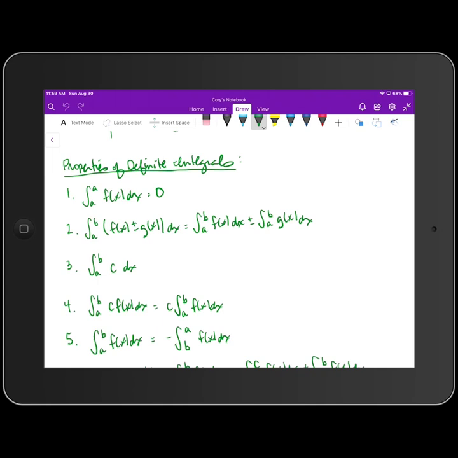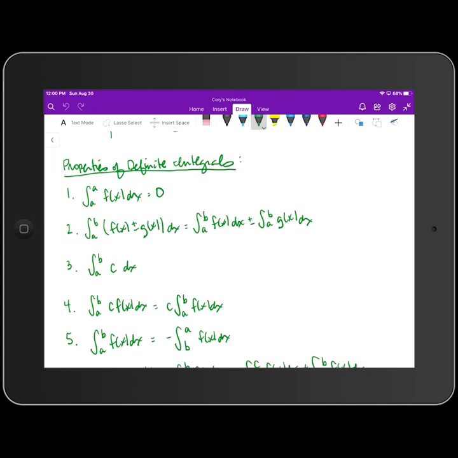Property 2. If we take the integral from a to b of f of x plus or minus g of x, which we are integrating with respect to x, sorry for my son yelling in the background, that's going to be equal to the integral from a to b of the first function f of x, plus or minus the integral from a to b of the second function g of x.